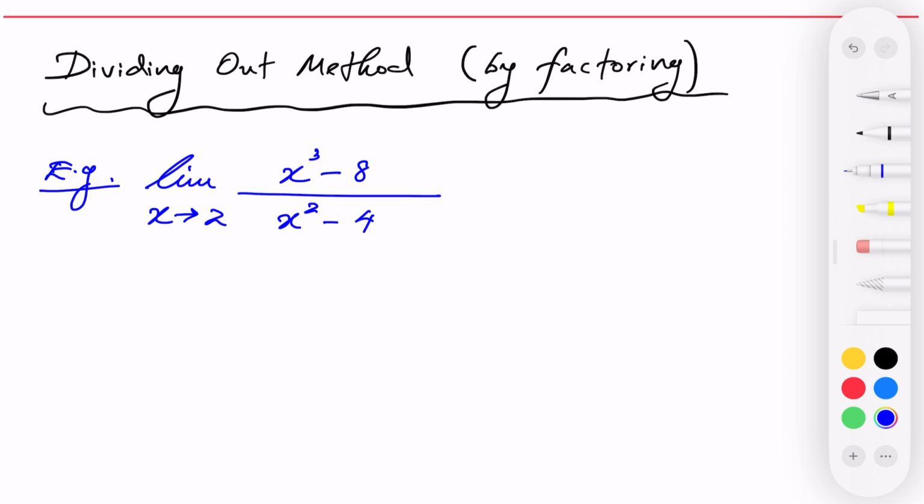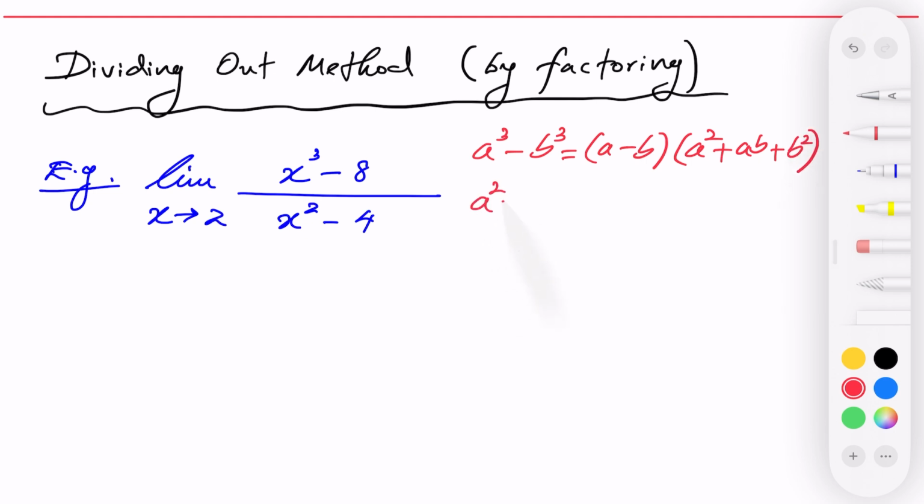So, as the name indicates, we actually have to start by factoring. Now, this is also a good time to revisit some factoring from college algebra. Can you remember the factors of a cubed minus b cubed? a cubed minus b cubed is equal to a minus b times a squared plus ab plus b squared. What are the factors of a squared minus b squared?